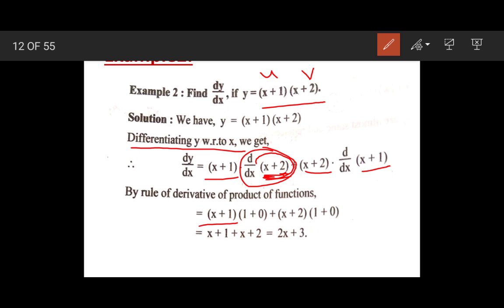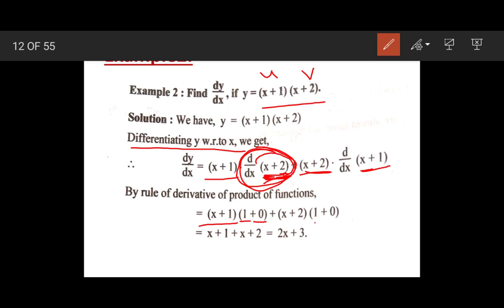Forget everything else, just concentrate on this much part. This is nothing but derivative of x plus 2, in addition form. So derivative of x plus derivative of 2. Derivative of x is 1. Derivative of 2, a constant, is 0. Then x plus 2 into derivative of x plus 1.